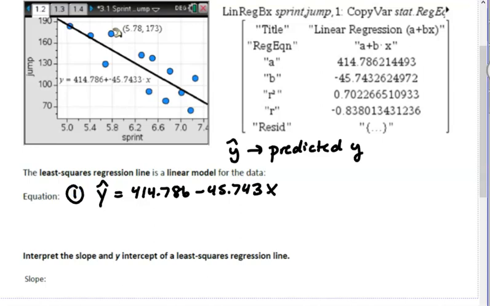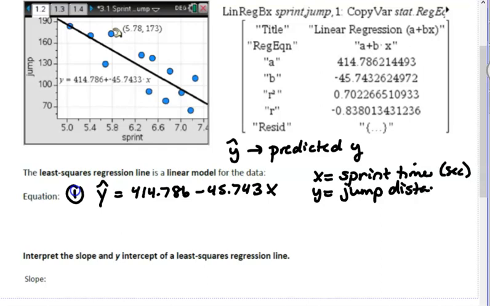Now, if I write it this way, I have to, over to the side, write out x equals sprint time, in seconds, and y equals jump distance, and that was in inches, I believe.